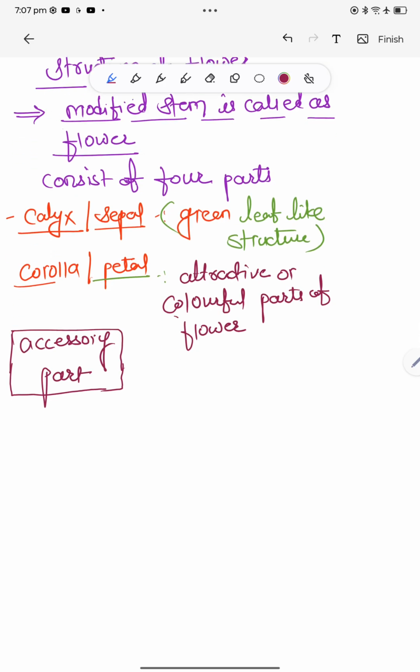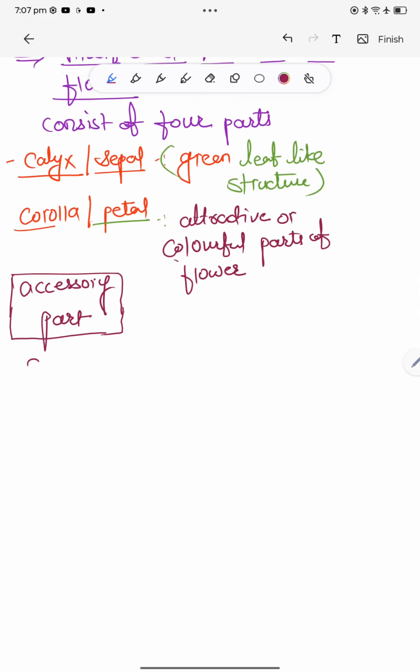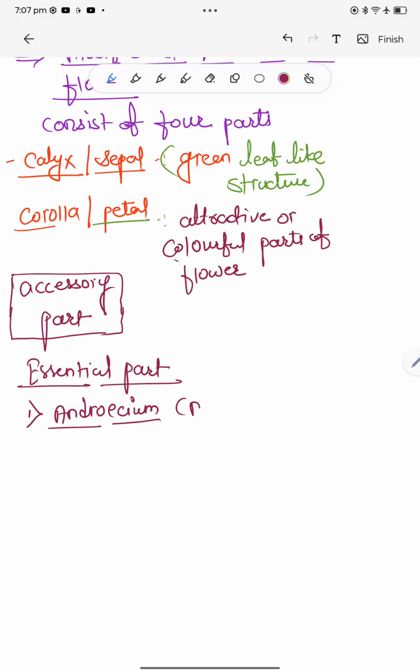Now the flower also has some essential parts. The first essential part is the androecium. The androecium is the male reproductive part.